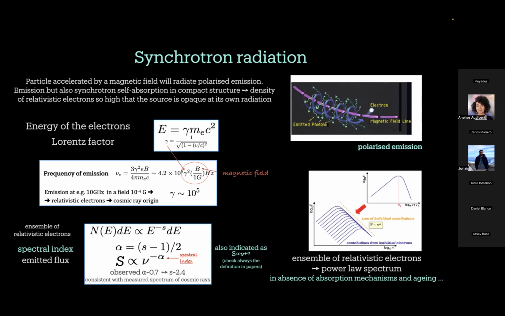And so this is great. This is great, but it's also not always a nice, clean power law. The electrons emit, so they age, and so they lose energy. So especially at the high frequency, the power law tends to become steeper than at low frequency.